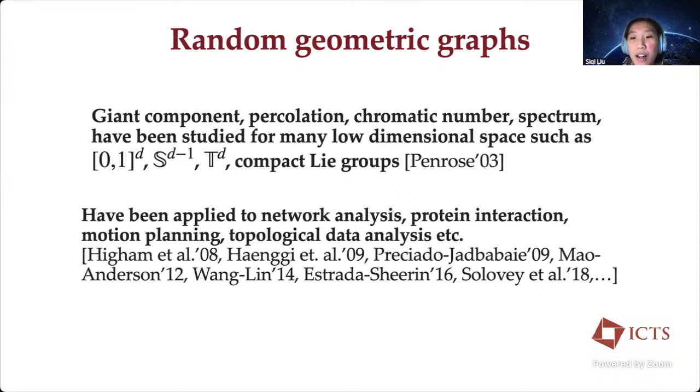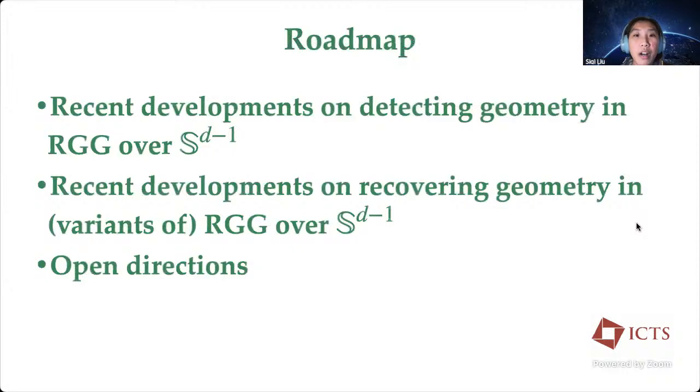So that brings us to the main focus today. In the rest of the talk, I'll be talking about some recent developments on the question of detecting geometry in random geometric graphs, specifically over the unit sphere in d dimensions.